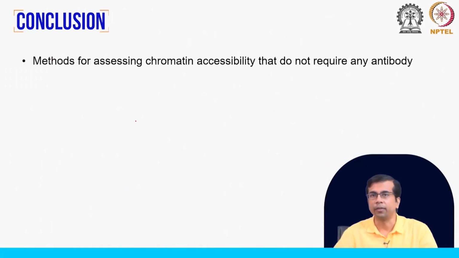To summarize, we have talked about different methods for assessing chromatin accessibility, and they do not require any antibody. We started with the limitations of the ChIP-seq or ChIP-exo experiment. They required antibodies, which would have to be raised against each protein or each type of modification that you want to study, which makes the whole process expensive.